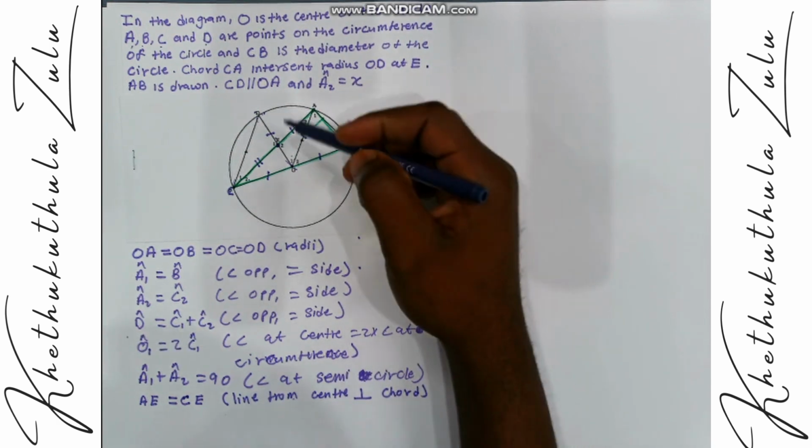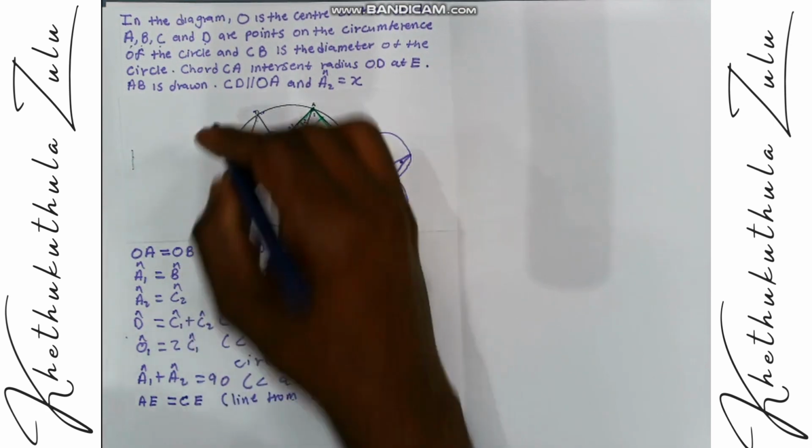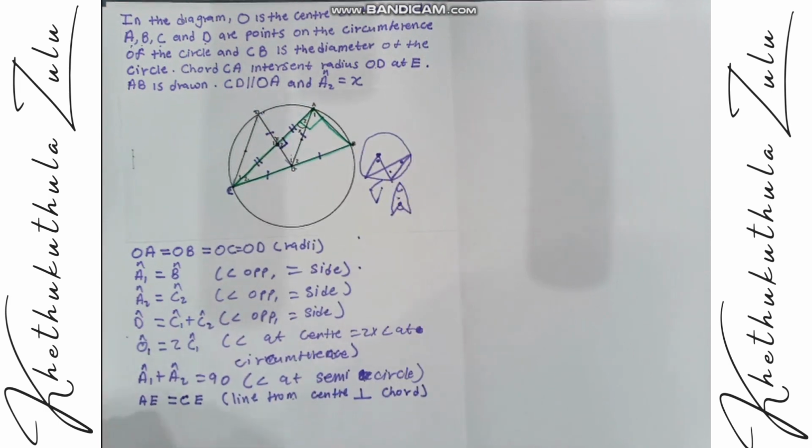And then now if this one is equal to this one from theorem number 1, then this one now is 90 degrees. So this makes E2 being what? Being 90 degrees. Why?